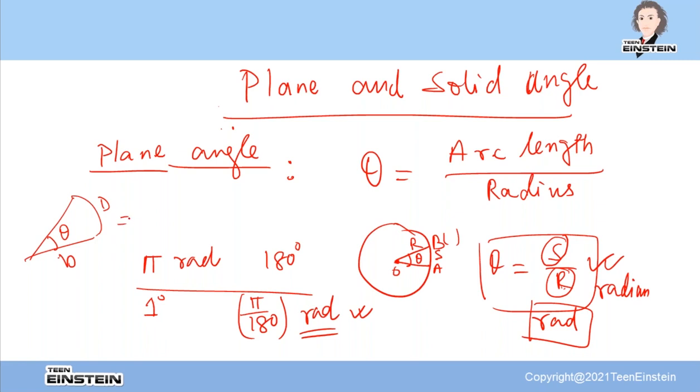So suppose it is R, or maybe it is B, and this is D. So this is theta or alpha, whatever. So theta will be written then D by B. So this is plane angle. Now we'll see what is solid angle.